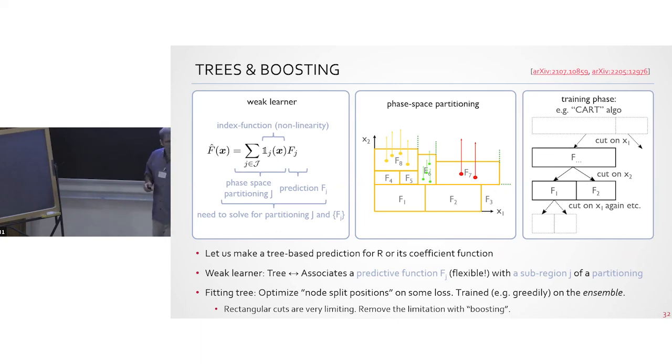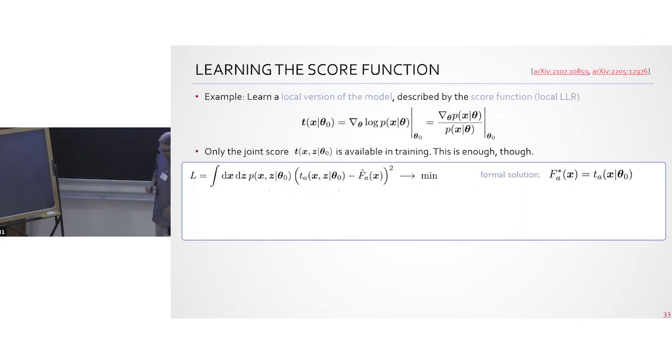You will get a very bad prediction because it is boxes by definition. The way to improve the tree prediction is by a method called boosting, which I will discuss after we've gone.